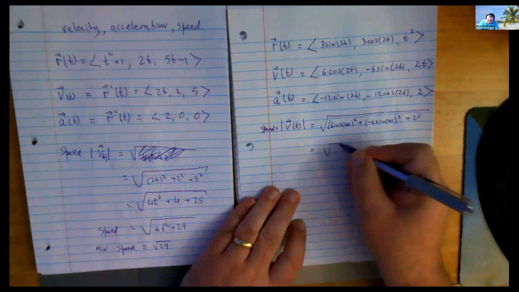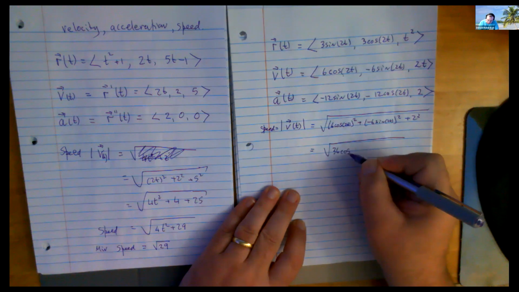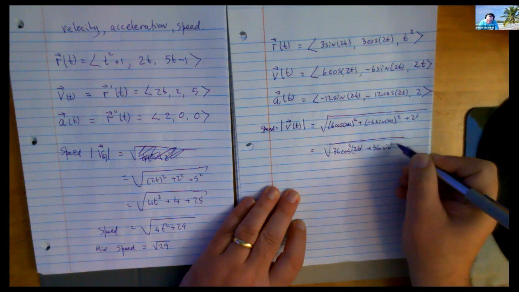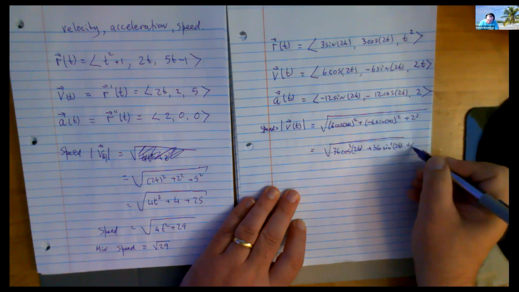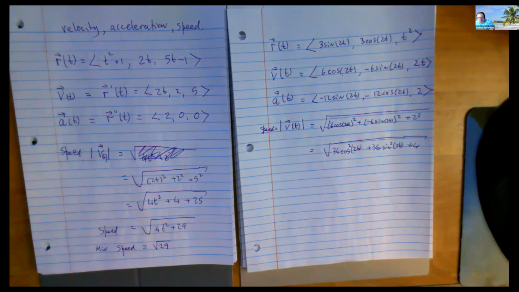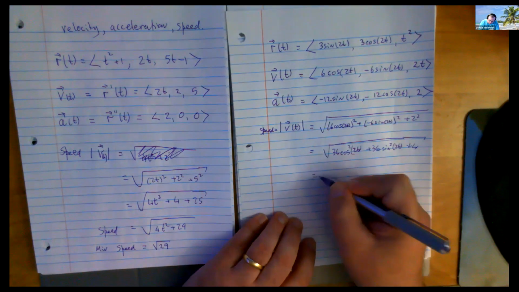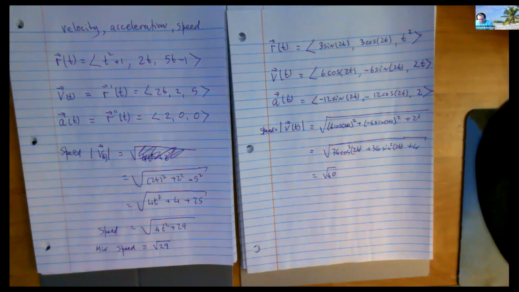Change my mind, I'll write it down. 36 cos squared 2t plus 36 sine squared 2t plus 4. What does 36 cos squared 2t plus 36 sine squared 2t get you? 36. It doesn't matter if it's cos squared t or cos squared 2t, as long as it's the same number, don't cos squared plus sine squared get you 1? And multiples of them get you, in this case, 36. So that's going to be the square root of 40.